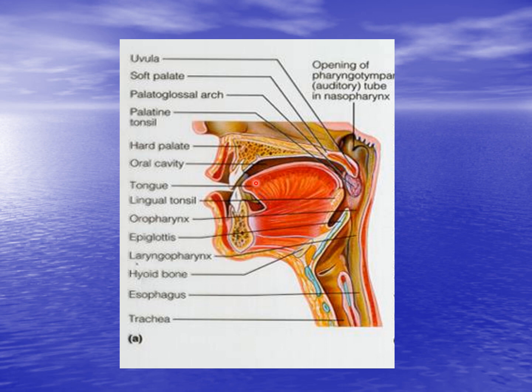If you look at the dorsal surface, this is the anterior 2/3 till here. This is the posterior third of the tongue. And in the posterior third, you are going to see this lymphoid collection under the mucous membrane. This is called the lingual tonsil.